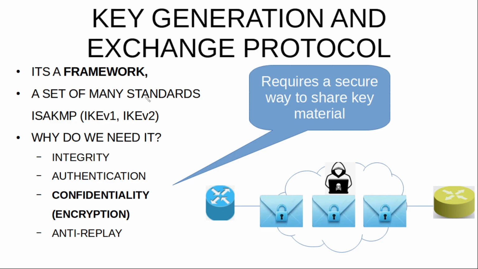Now, in order for these encryption algorithms to work, we need two other things. We need to create keys and we need to exchange these keys. So in order to have encryption algorithms working, they need a secure way to create keys and share key material over the network.